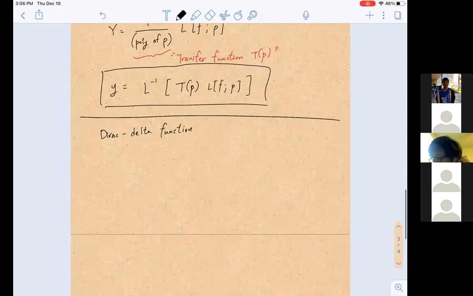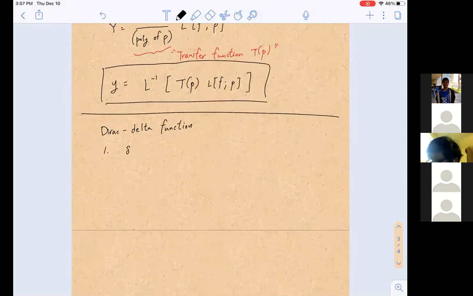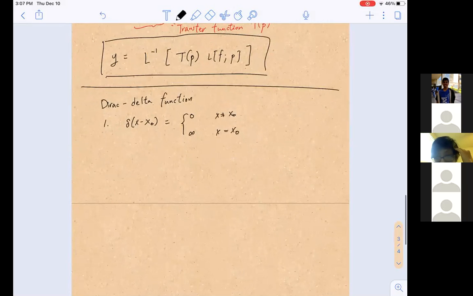Okay, so I like to think of its definition. So start with its definition, that is. So delta of x minus x0 is 0 whenever x is not equal to x0. It's equal to infinity, so it has a spike at x equals x0. And then the second property, it has unit area.